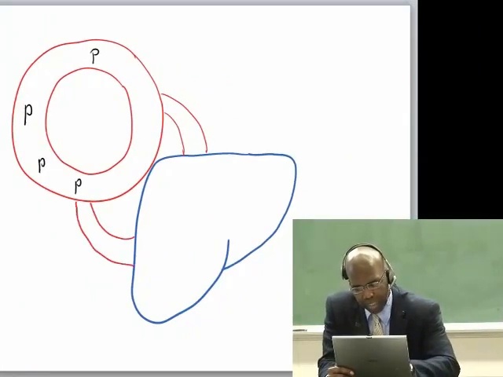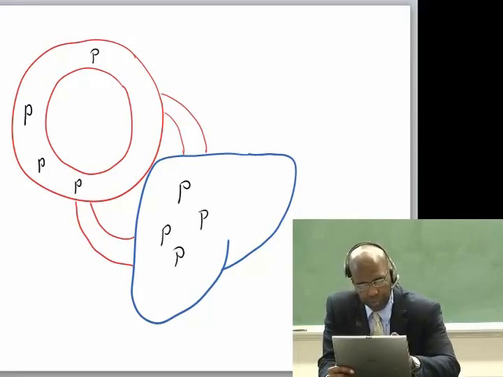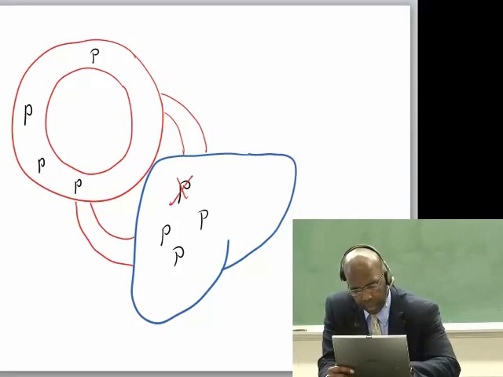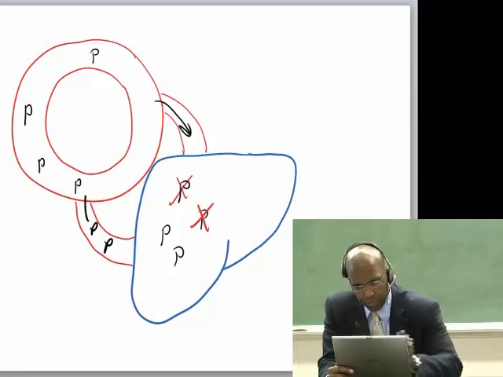And when those proteins get into the liver, some of those proteins, the old proteins will be destroyed, and the new proteins will continue back into circulation. Okay.